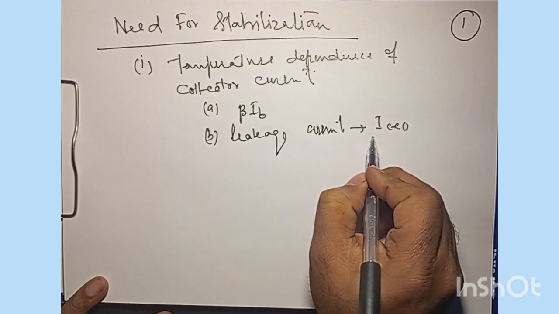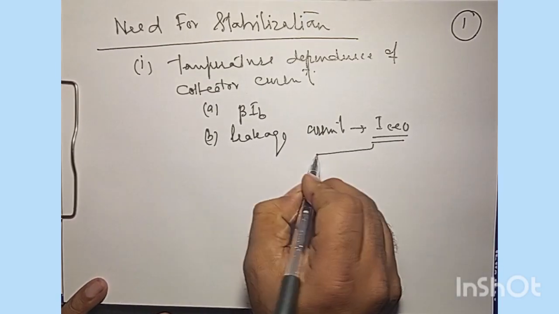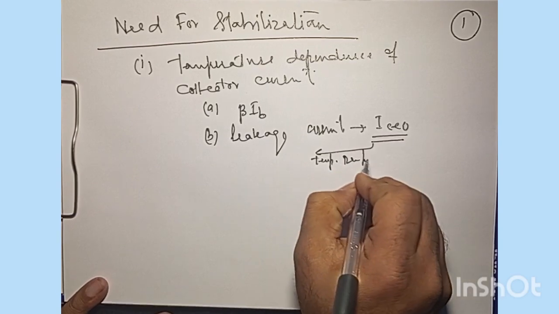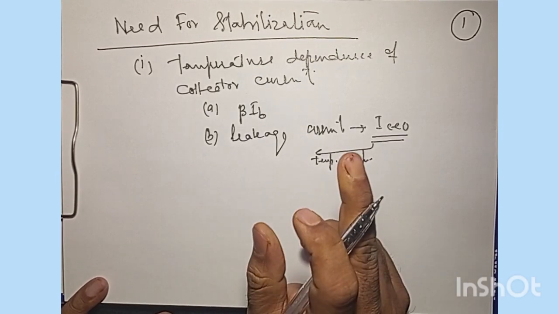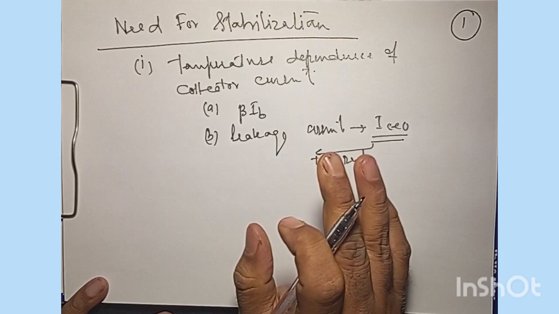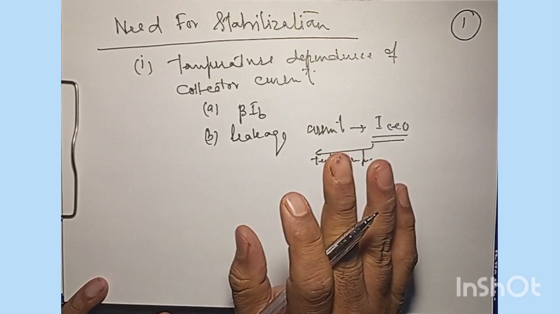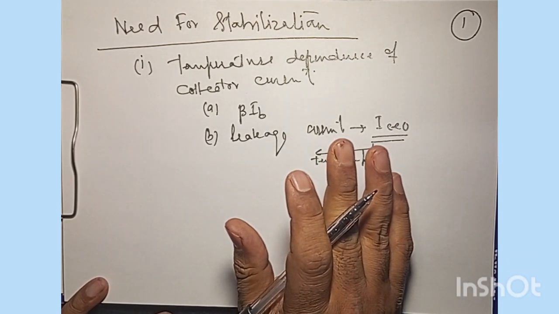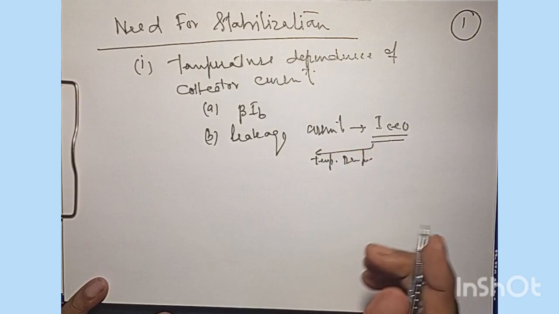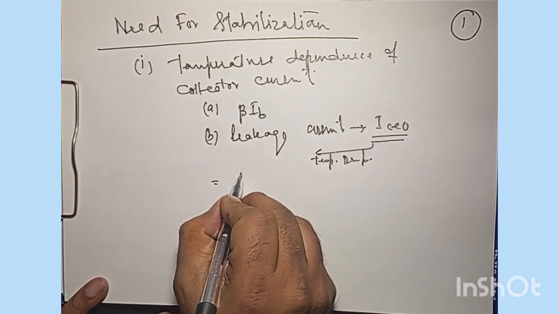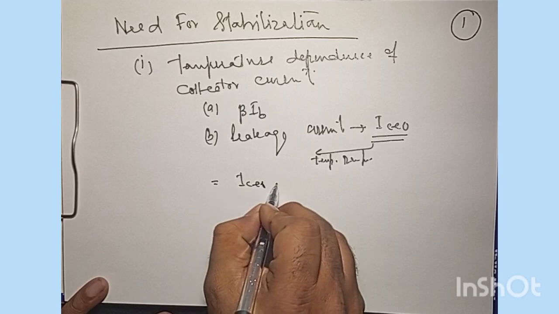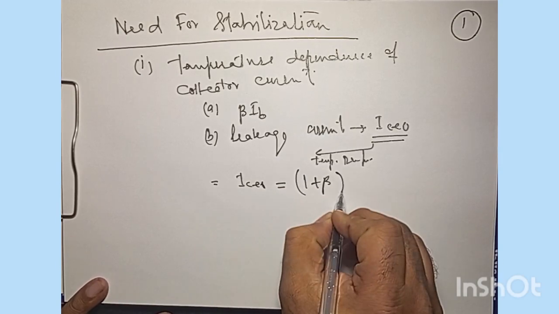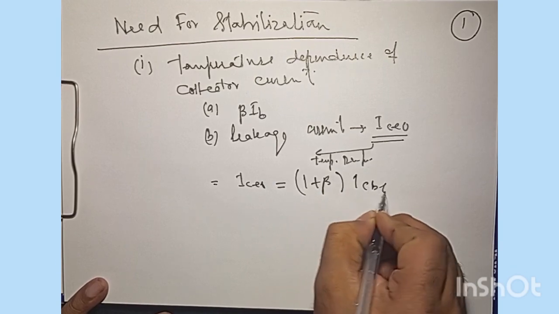So this ICEO is temperature dependent, but independent of the input current, and this ICEO has a relation with ICBO in this format.